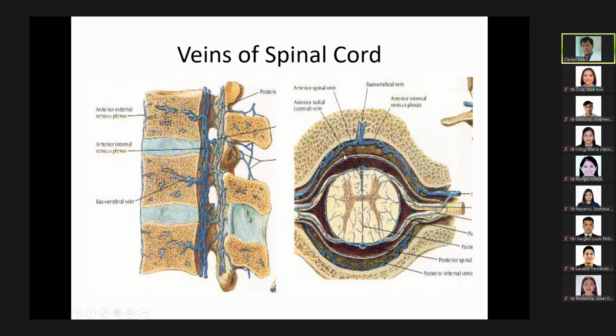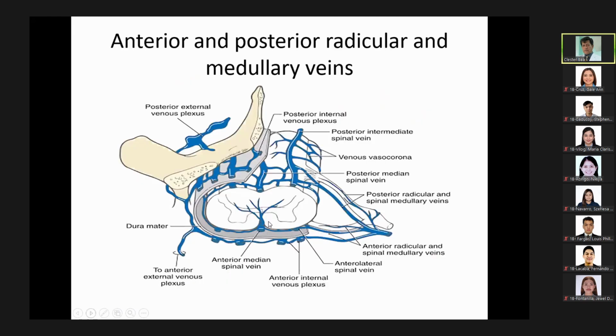Now, your spinal veins can also drain transversely along the segmental vein. So also with your internal venous plexus, to drain to the corresponding level or segment of the body. All these spinal veins can move upward. This one can drain upward towards the sinuses, the dural sinuses of the brain.